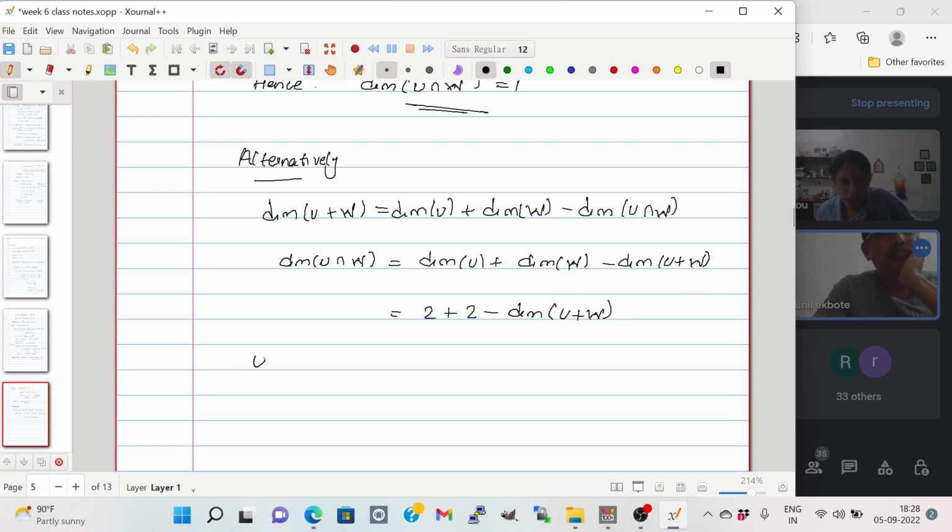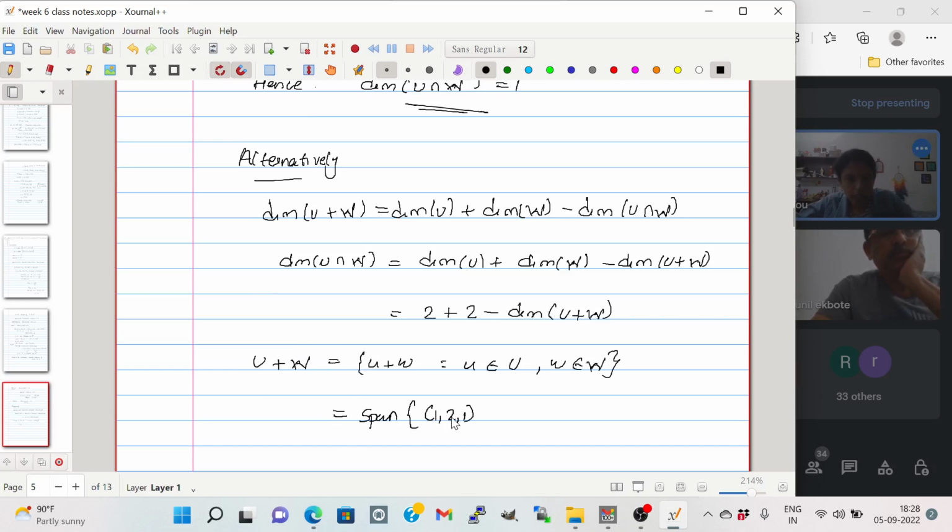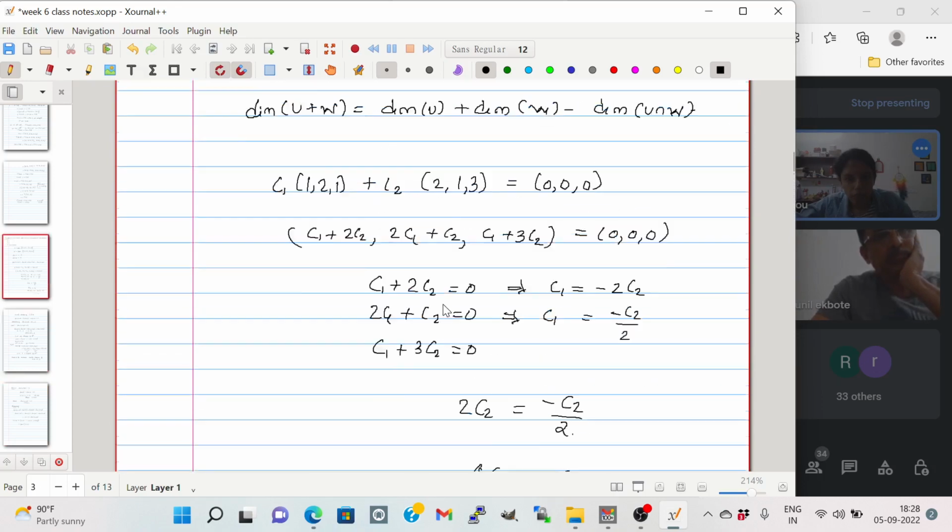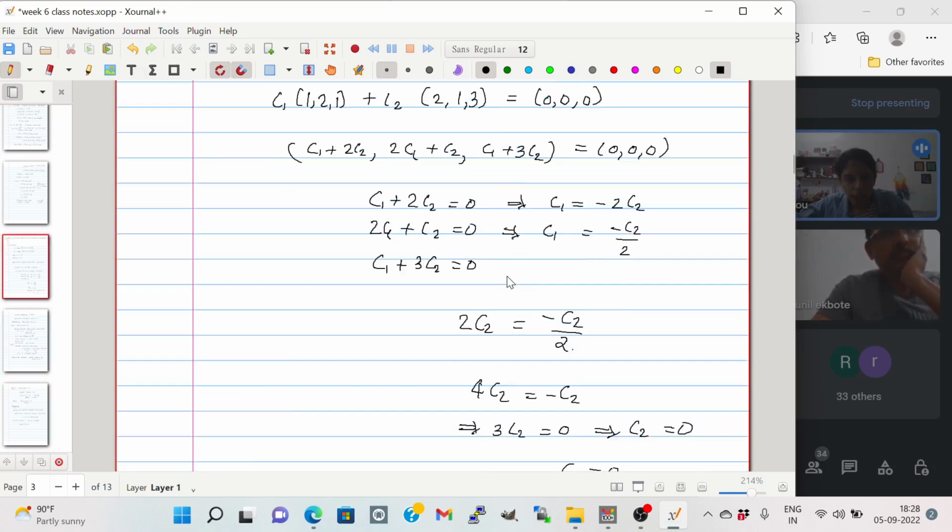So U plus W equals the set of all u plus w where u in U and w in W. That means all elements which span U and all elements which span W. We are taking all such elements, and the span of these both sets together will be our U plus W. So we know that for U we have span of (1,2,1) and (2,1,3).